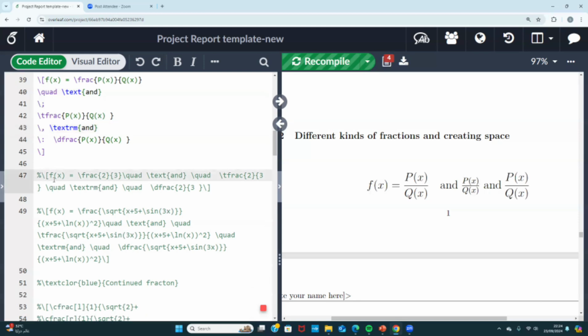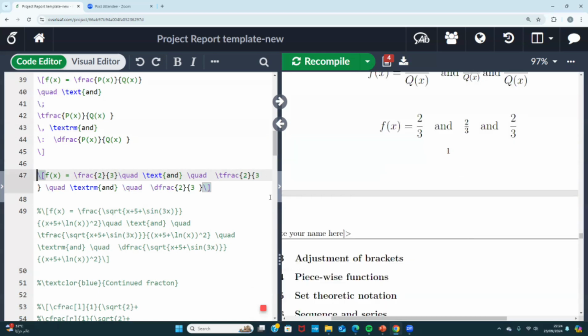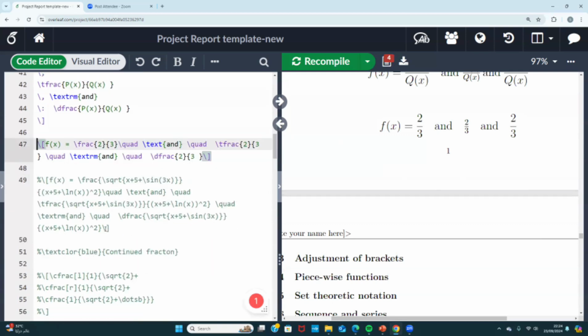Let's have a numerical example. Here we repeat the same code above with numbers. You see here 2 over 3, and this is 2 over 3, and this is 2 over 3. The frac and dfrac are bigger, and the tfrac is very small. If you need to use it inside a text or reduce the equation length, then you can use tfrac. Okay, let's have examples with a bigger expression.